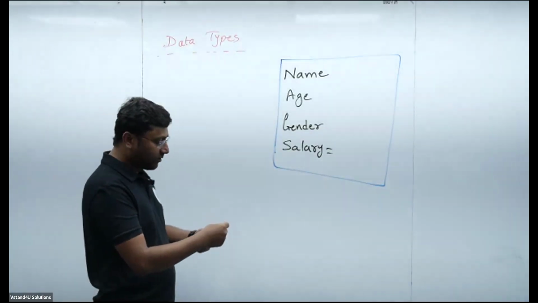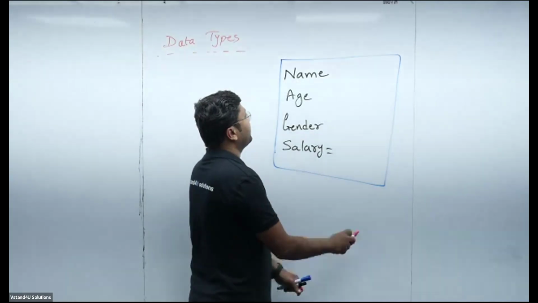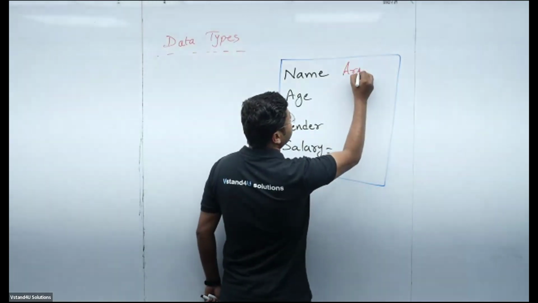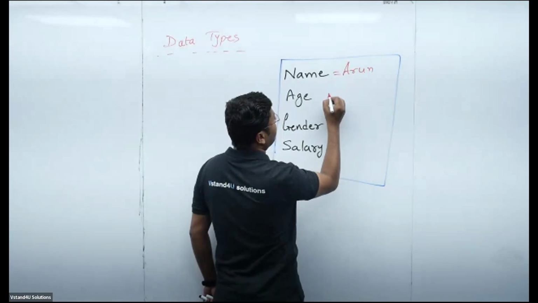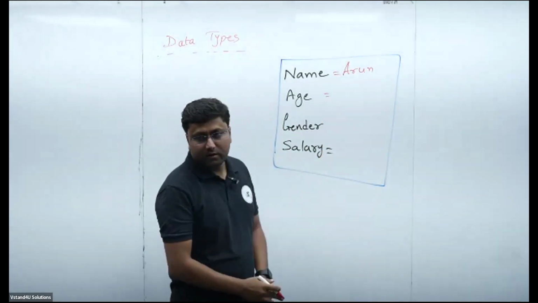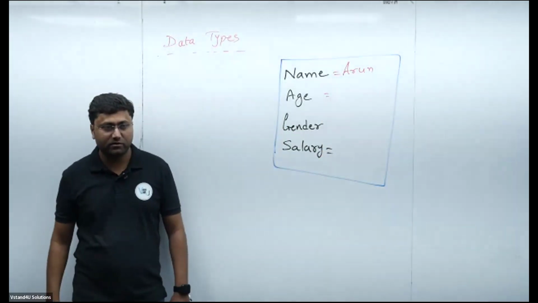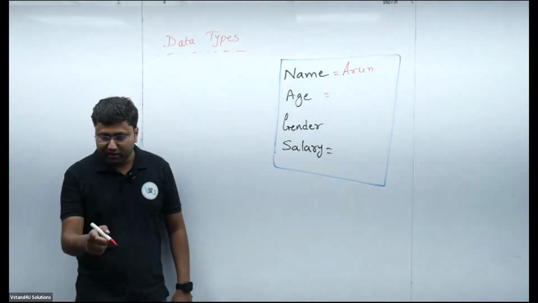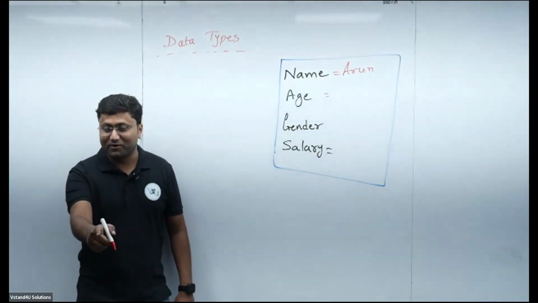Now, if I talk about values, can you please help me with the values? Say name, my name. How about age? Can you guess my age? 28? I like you, bro. What's your name, bro?